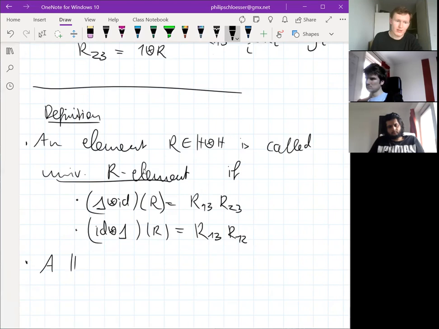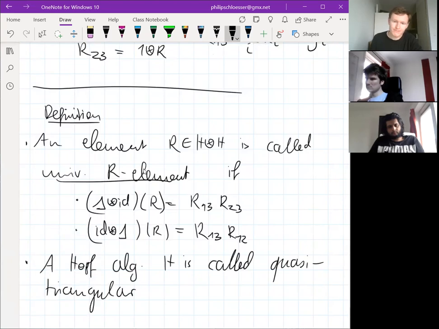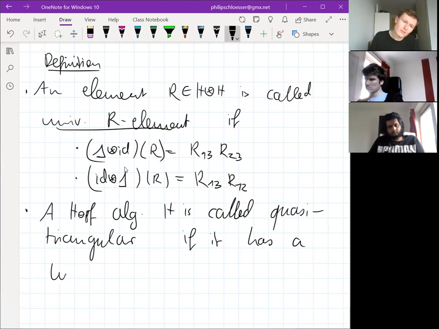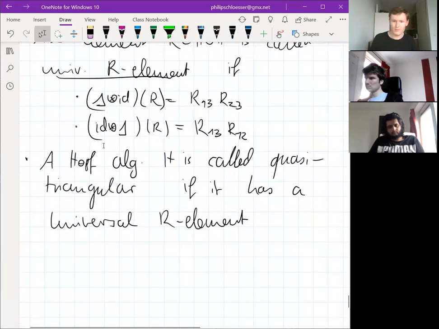Secondly, a Hopf algebra H is called quasitriangular if it has a universal R element. It's then usually called a quasi-triangular Hopf algebra, or QTHA.